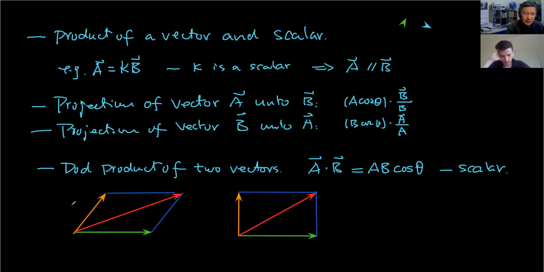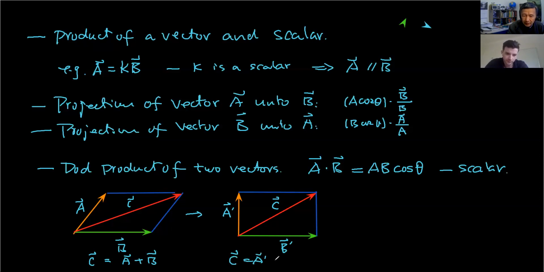This is A, this is B, this is C. Now in a special case, we can call them A prime and B prime, which just means they are different from the previous A and B. But it's the same vector C. In both cases, C is equal to the sum of the two components, so C equals A prime plus B prime.